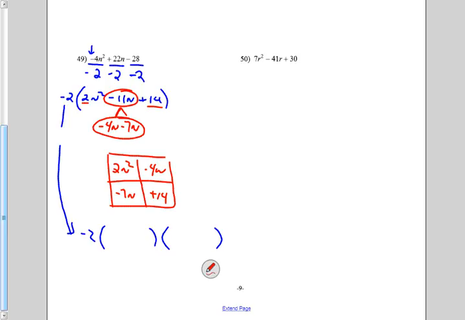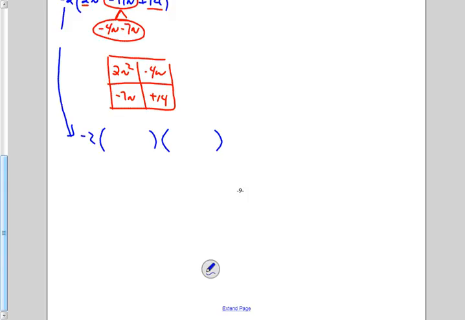Okay. Now GCFs around, and again, the only thing that changes problem to problem here is getting these two terms here. The rest of this should flow pretty naturally. 2n, negative 7, and negative 2. There we go. And there's my factors.